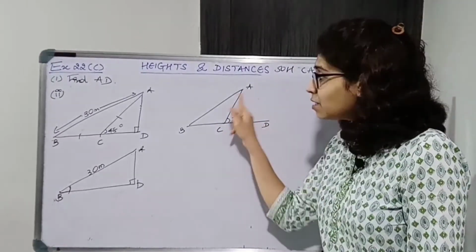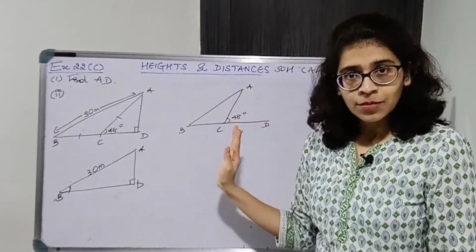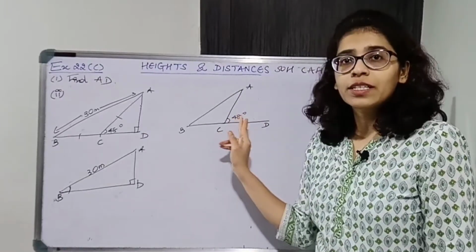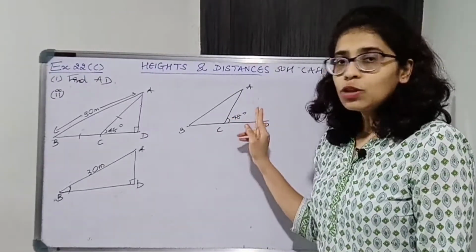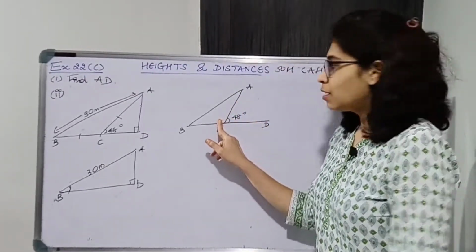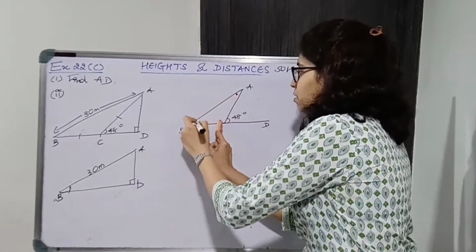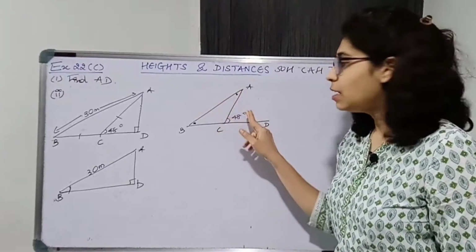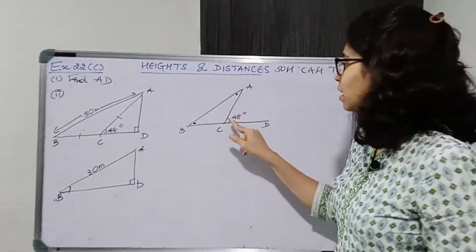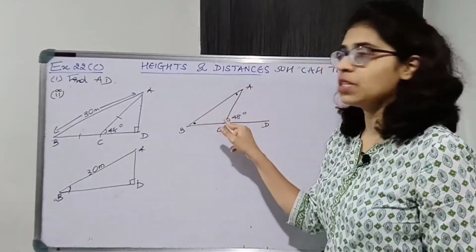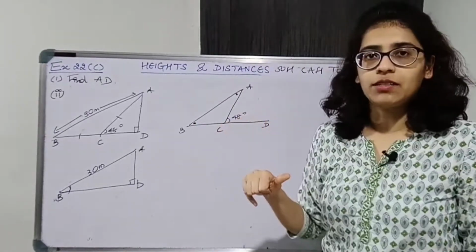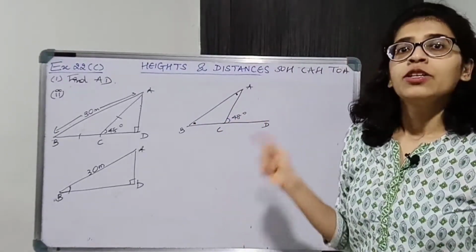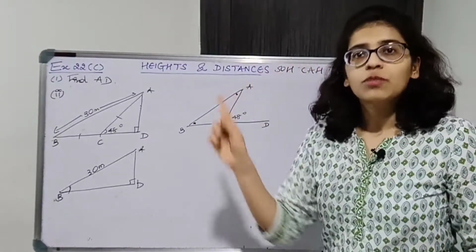This is the exterior angle of the triangle. So this is the exterior angle. We know the exterior angle is equal to the sum of the remaining two interior opposite angles. That is angle BAC plus angle ABC is equal to the exterior angle. Okay, so the exterior angle property you are supposed to know.